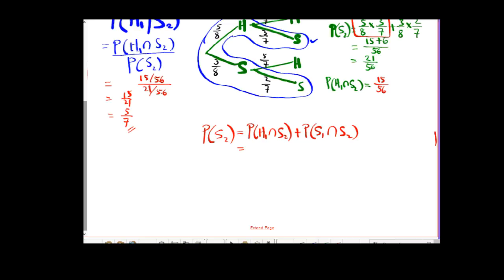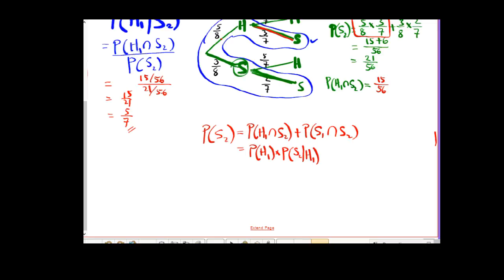This itself is probability of H1 times this part here, which is the conditional probability, S2 given H1, plus probability of S1 times the conditional probability, probability of S2 given S1.